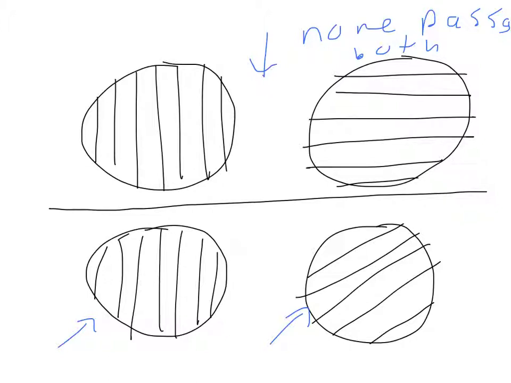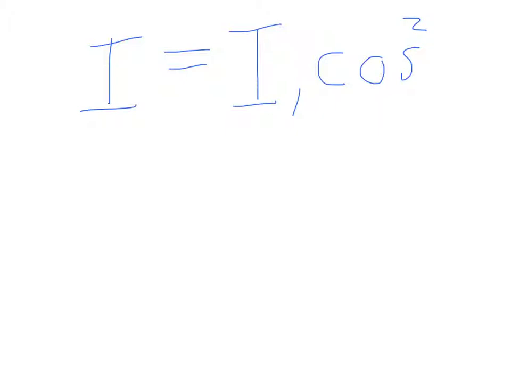Okay? And the relationship, you can imagine it has some sort of a sinusoidal relationship, because each time you cycle a half cycle, it lets more through. And if we went through some analysis and proof, it would look like this. But it's fairly straightforward. The intensity of the light passing through is equal to the intensity of the light that would pass through one polarizer times the cosine squared of the angle between the two polarizers.